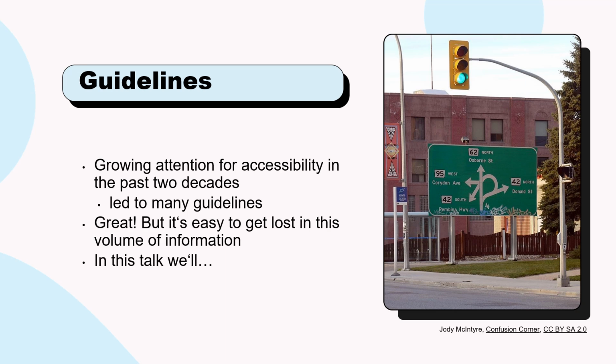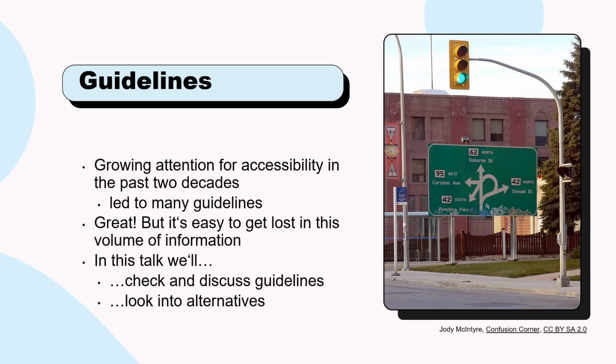So instead of presenting the guides that are available and how to use them, we will first discuss why they actually might not be suitable for your purposes, and instead examine alternatives. However, you'll find links to the most popular guidelines in the further reading section at the end of this talk.